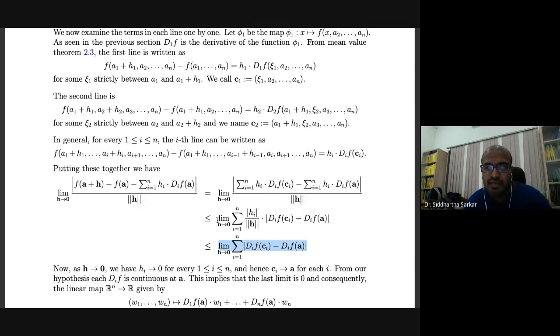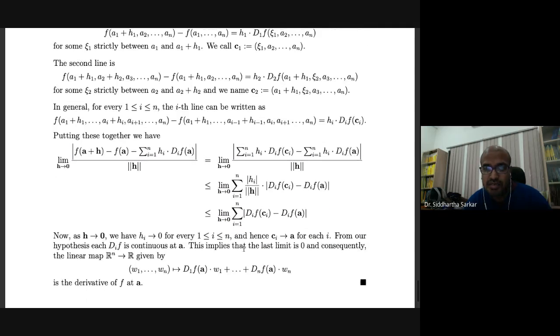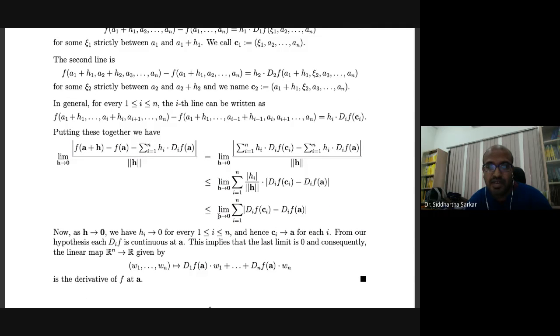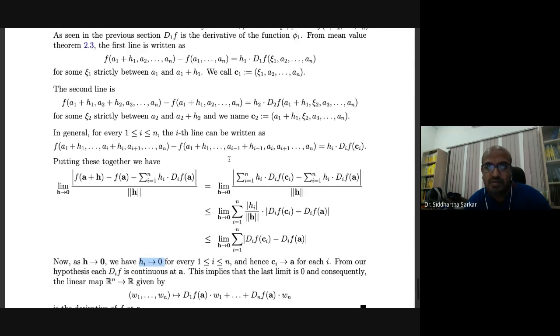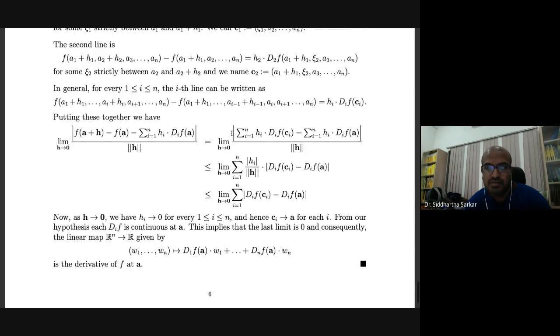So I still keep this limit in front. And then I observe that if my h slowly converges to 0, each of these hi are getting squeezed around 0. If that happens, my xi's are going to be squeezed around 0. In a sense, my ci's are actually squeezing around a.